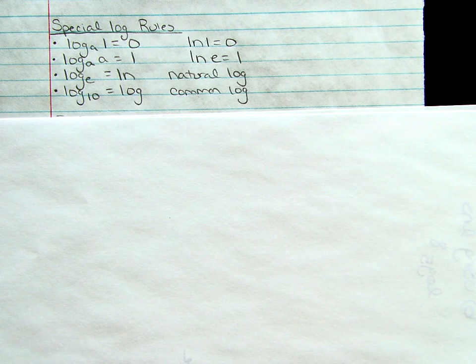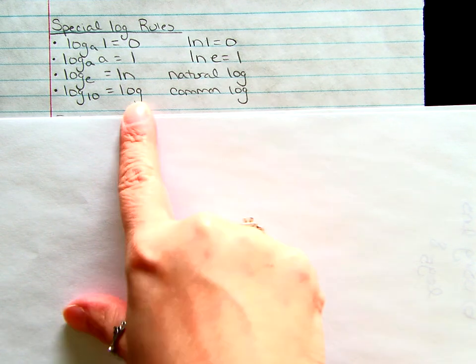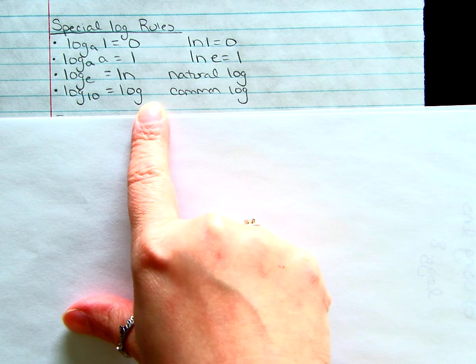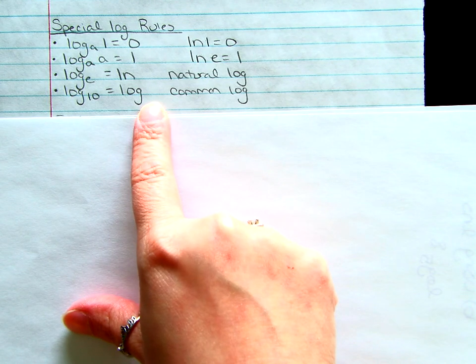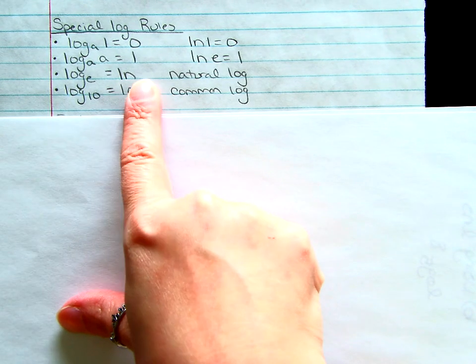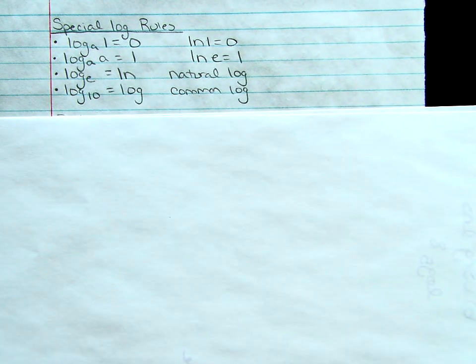That's our common log. So those are the two different scenarios you're going to have. I guess there's three. Because you have logs where the base is written and represented by another number that's not 10 or e. If you have log written like this, where there is no base written, it's log base 10, or the common log. And if you have ln written, then it's understood that that's the same thing as log base e.